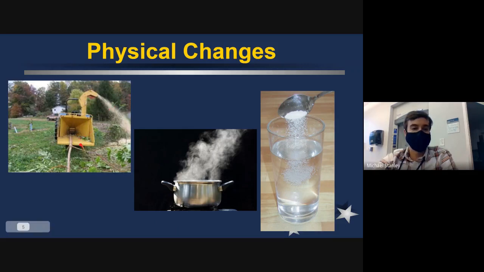This is wood all together in one big piece, and this is wood that's been ground up and separated out into a couple million little pieces. But it's still the same material, right? It's still the same matter. We've just physically changed how it looks. We've taken it from one big piece into lots of tiny pieces.